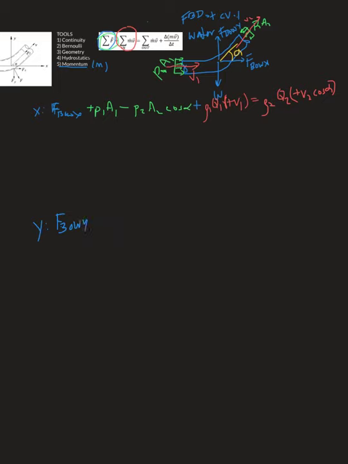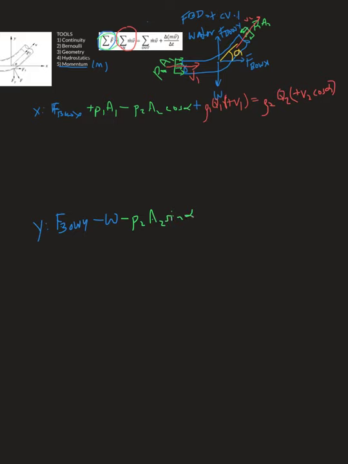We've now got a weight that we have to deal with. Okay, now we're going to go ahead and get the green color. Note that P1A1 does not act in the y direction, so we won't use that. We will use P2A2. It is acting in negative P2A2 sine alpha.